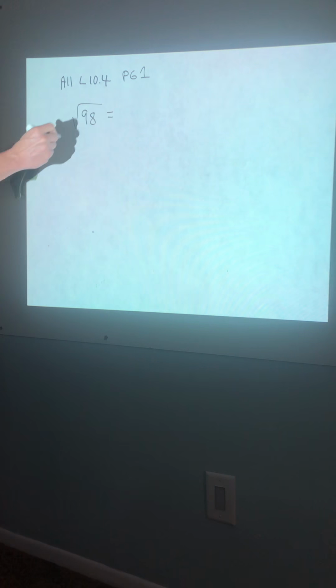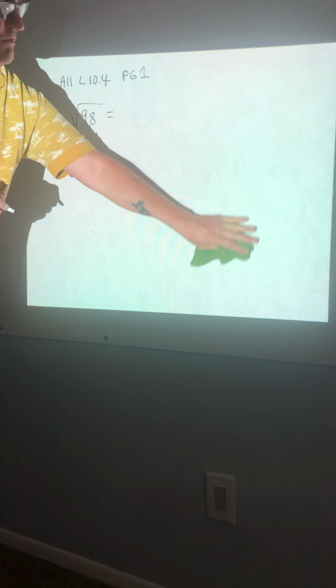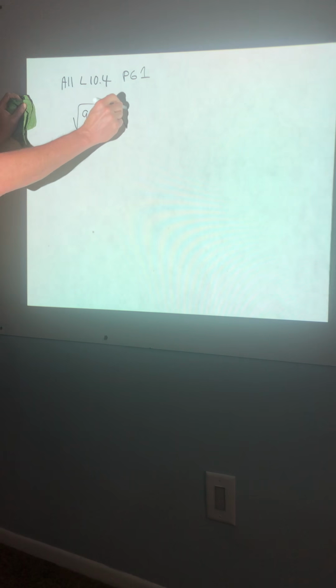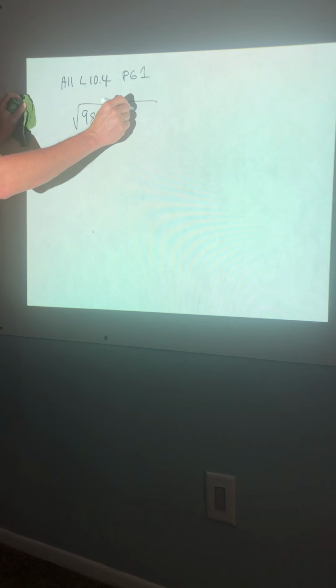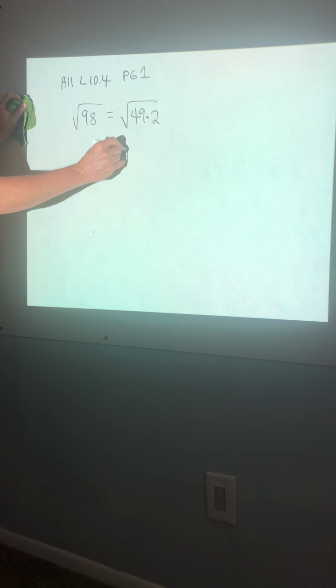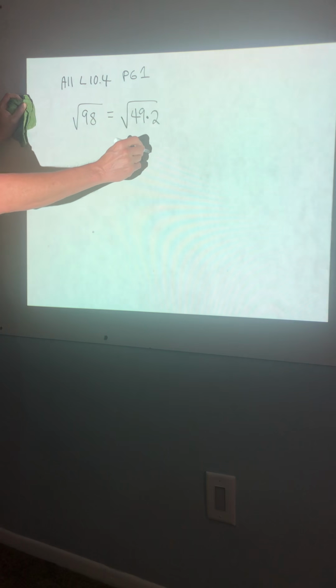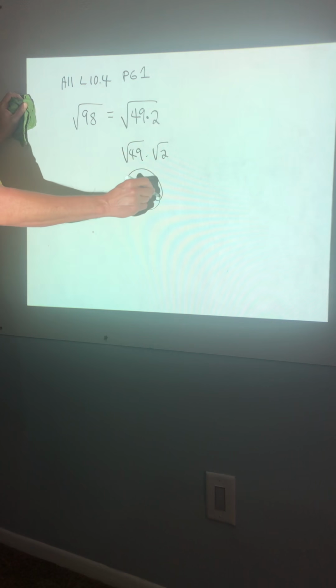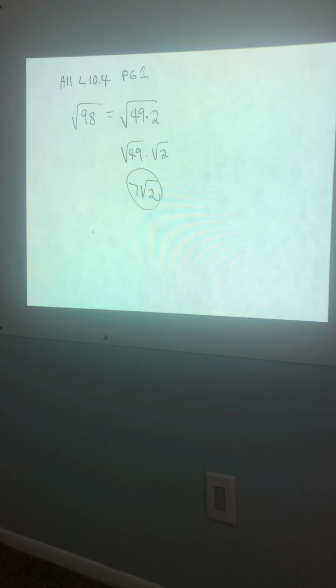You can literally just take your calculator and start dividing by perfect squares. I immediately saw that was even, so I thought, let me divide by 2 and see what I get, and it's 49 times 2. You separate the perfect 49 from the 2, and this is just 7 square root of 2, okay? So our focus is the same thing, but we're going to break down the radicals and not put a decimal answer.